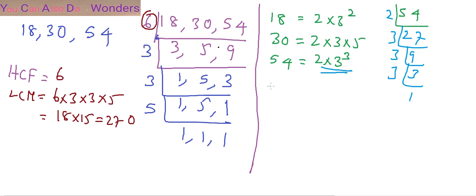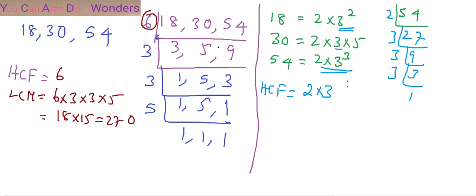Now HCF, as I said, is all common factors with least power. Here 2 and 3 are common factors. Here we have 3 square, here 3 cube, so the smallest one is just 3.